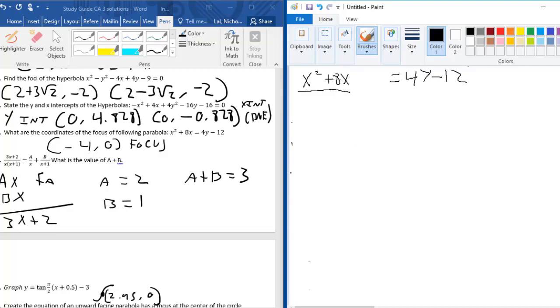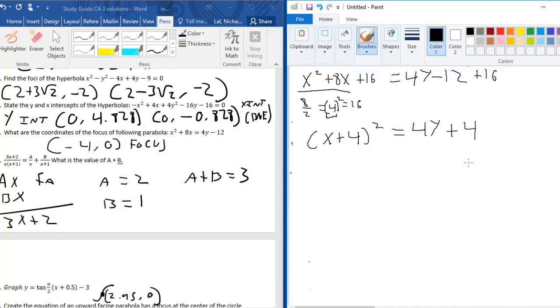So, making my x squared plus 8x into a perfect square trinomial, I first take the coefficient of the x term, 8, and divide 8 by 2, that's 4. And I take my 4 and I square it to make 16. If I add 16 to one side of the equation, I have to add 16 to the other side of the equation. X squared plus 8x plus 16 is going to factor into x plus 4 squared equals 4y, and negative 12 plus 16 is positive 4.